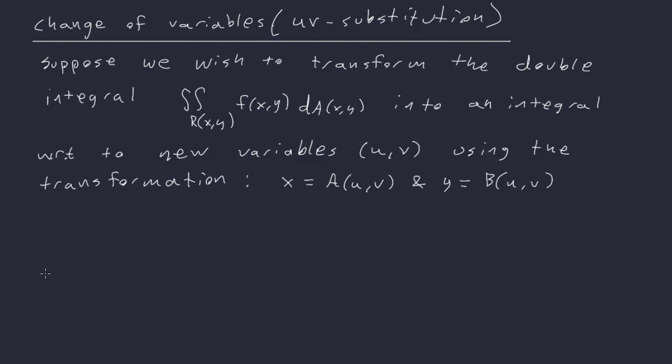So what's happening here is, say we have some sort of problematic region R, and this is in x and y.